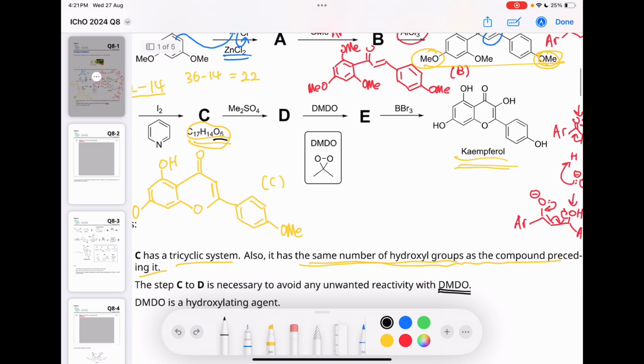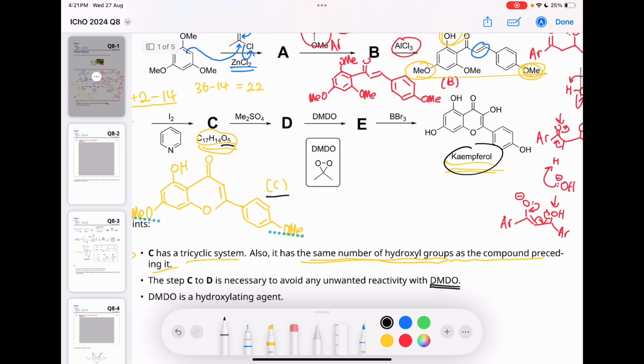Compare the structure of the final product with C. What's different? The structural difference that's very obvious is this OH group here. So what added this OH group to structure C is probably the step from D to E. So from D to E, this OH group is added.